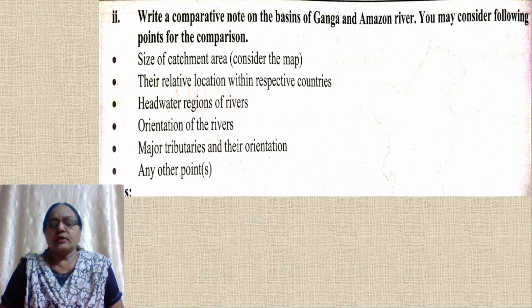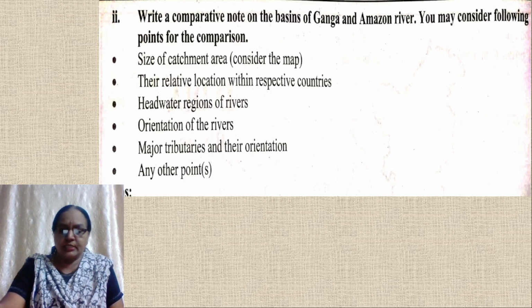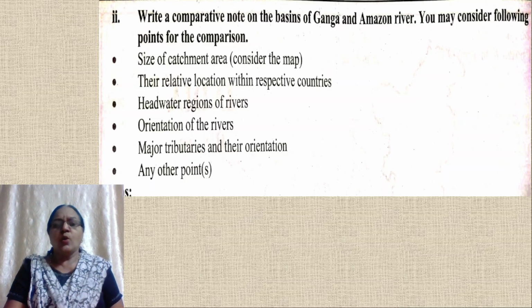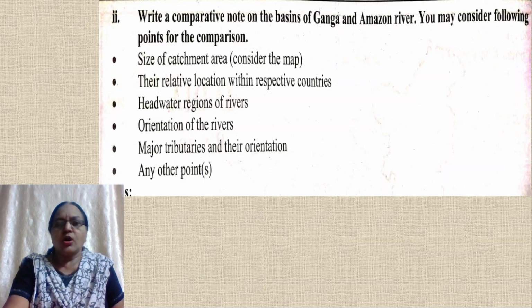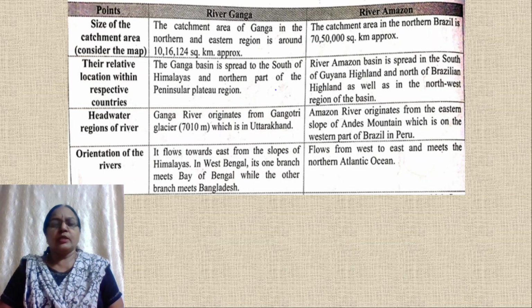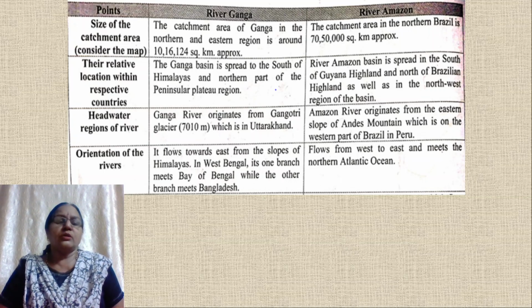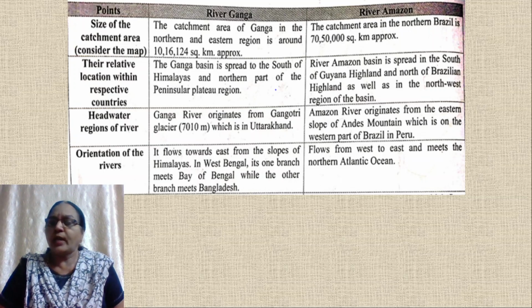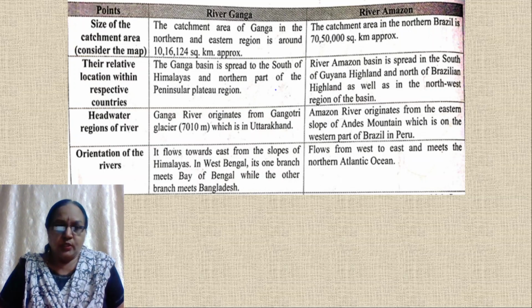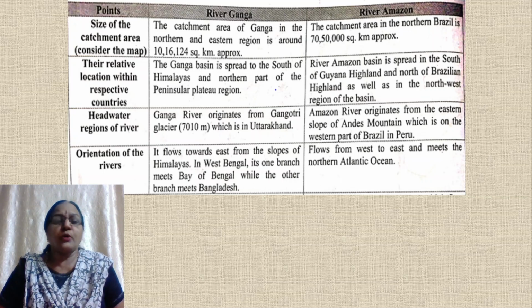The Ganga River forms a delta, and the Amazon River of course doesn't form a delta. So these points you'll have to consider while making a comparative note on the basins of Ganga and Amazon. Here we have a column where on one side we have the river Ganga and on the other we have the river Amazon. Now let's consider the first point, size of the catchment area.